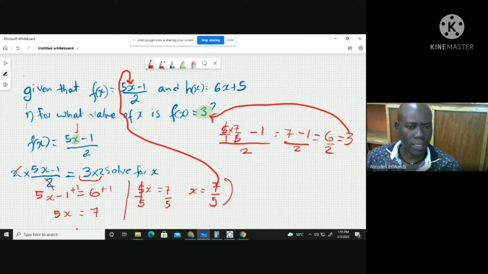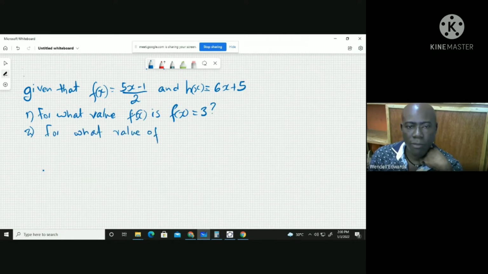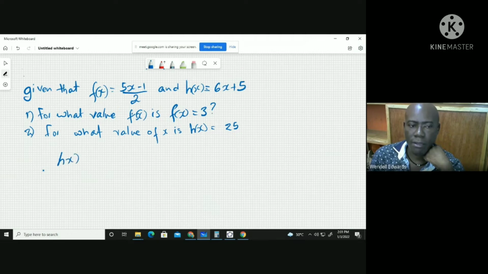Let us look at case number 2. The context is the same thing. So we want to take this h function. Remember, h of x is equal to 6x plus 5. And the question being asked here is, what value could we put here?